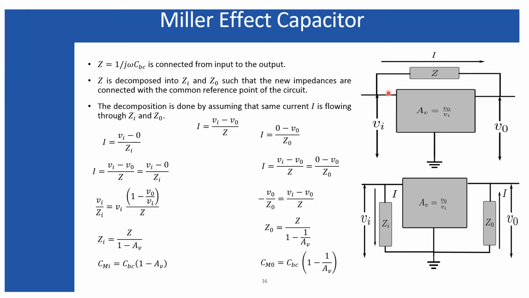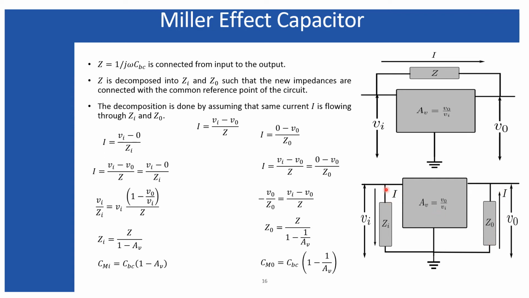I should consider a current which is flowing from Vi to V0 is I, as I have shown over here. And when I have decomposed this Z into two parts, Zi and Z0, I must consider the same I is flowing, and this current is flowing from this input terminal to the common reference point through the Zi, and in this case that I is flowing from this common reference point to this V0.